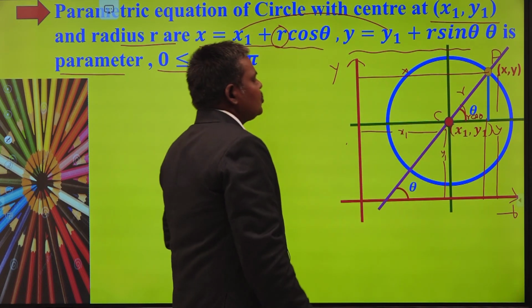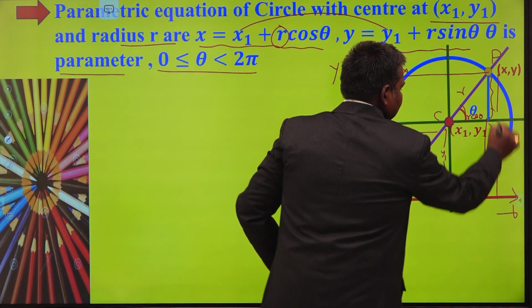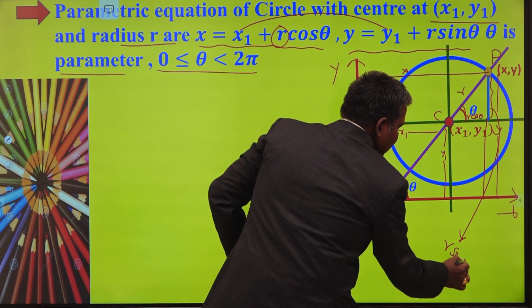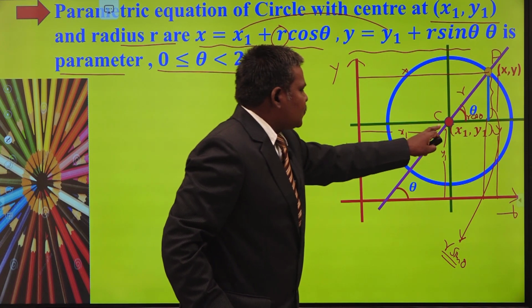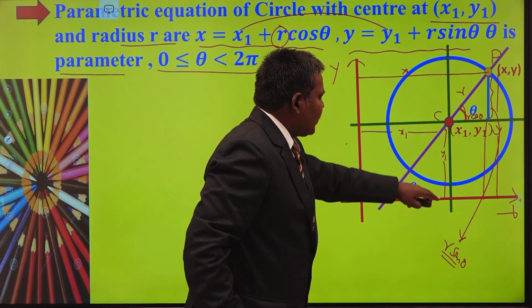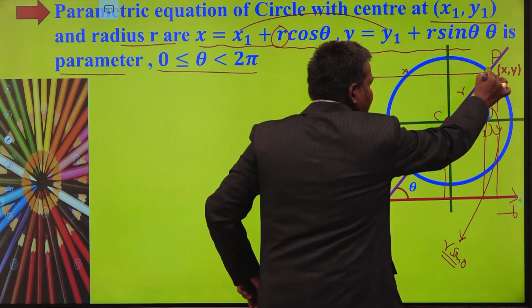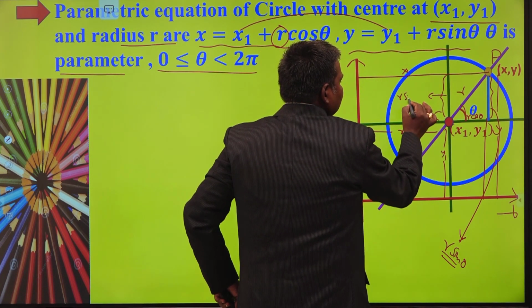So L is equal to r cos theta. What is the distance from here? r sin theta. Listen very carefully, my dears. So this is x1, and up to here is r cos theta. This is y1. The distance from here to here is also what? r sin theta.